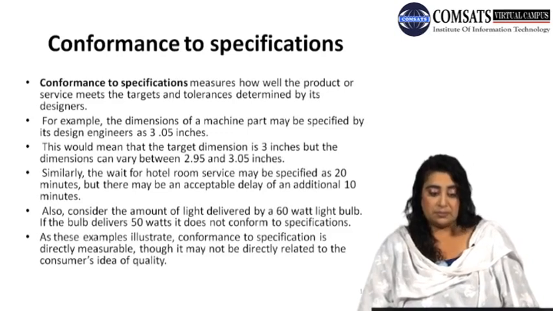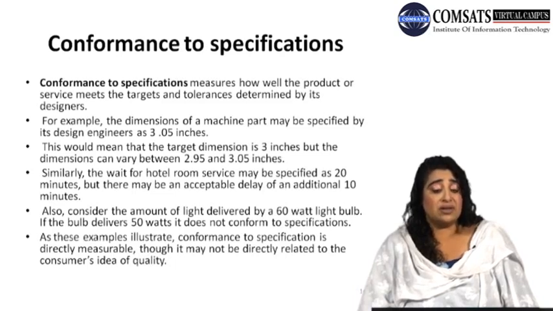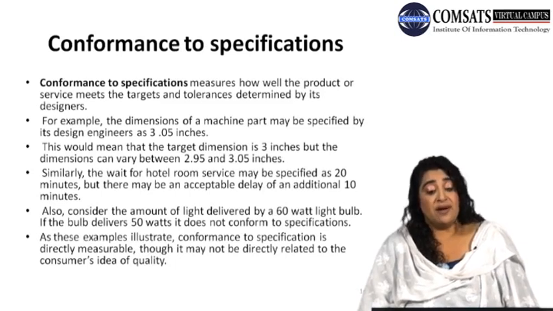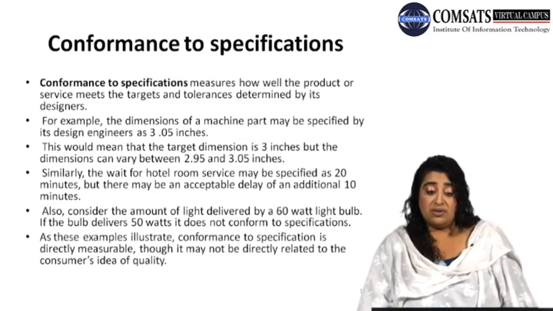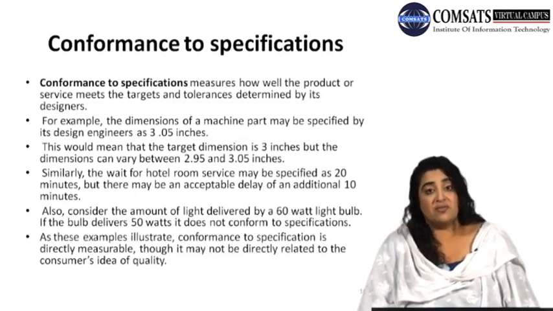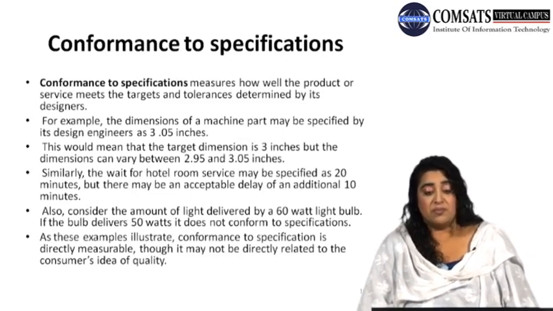Now, this would mean that the target dimension is 3 inches, but the dimensions can vary between 2.95 and 3.05 inches. So the target dimension is 3 inches, but the dimensions can also vary, by 0.05 less or more.